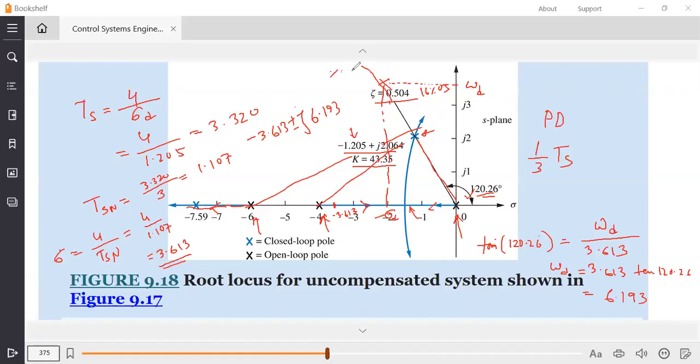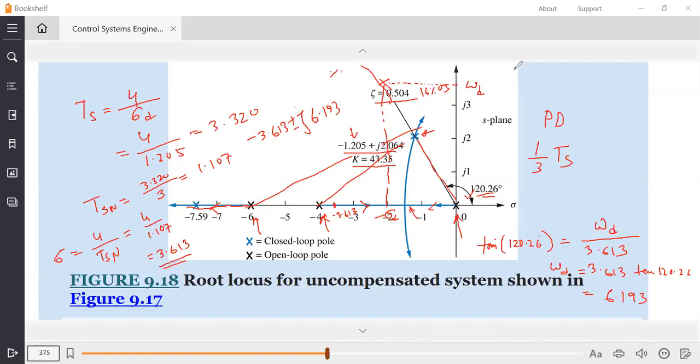It's difficult to plot it here. So bottom line is we can find out the point. Once you know the point, minus 3.613 plus or minus j 6.193, you have to find out the angle contribution of the poles and the zeros of the existing system to that particular point.